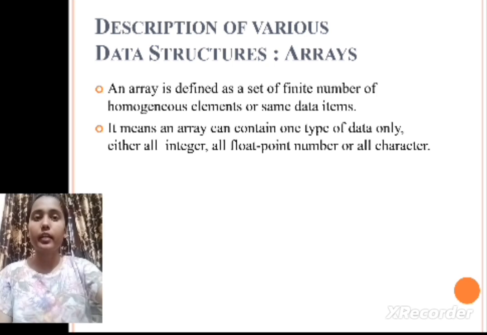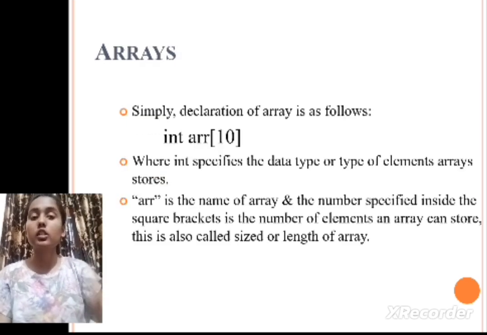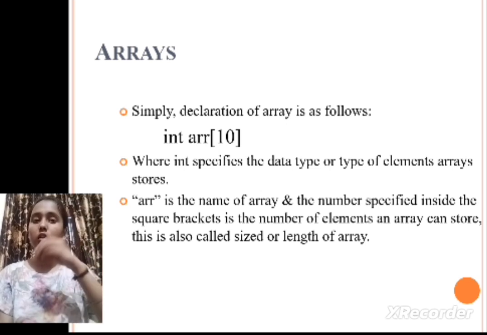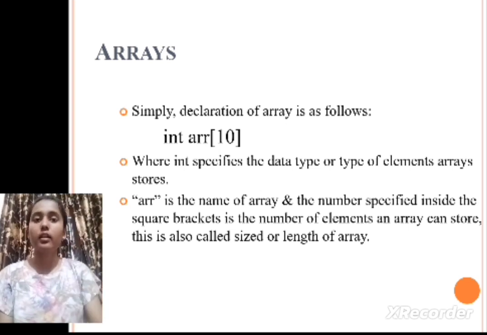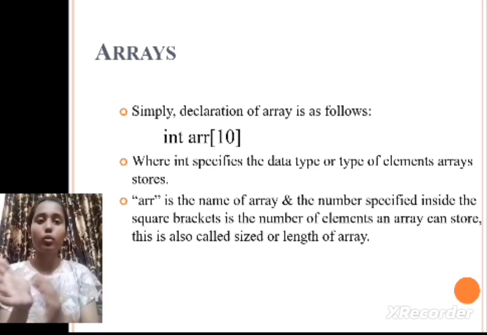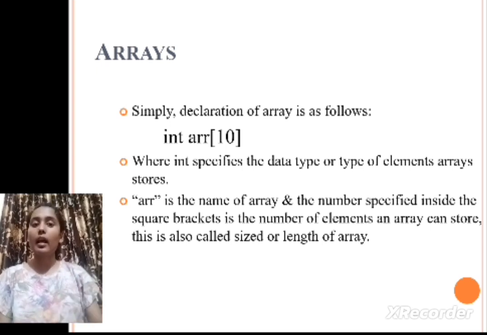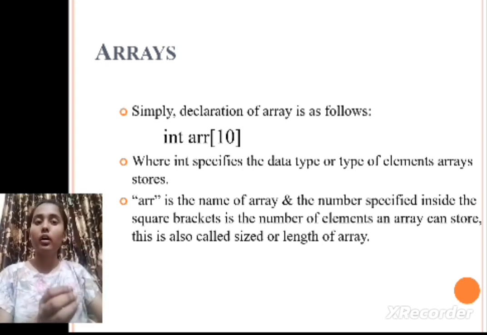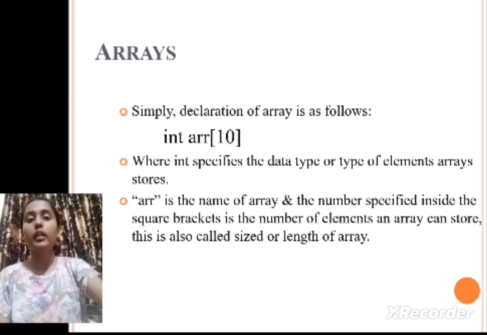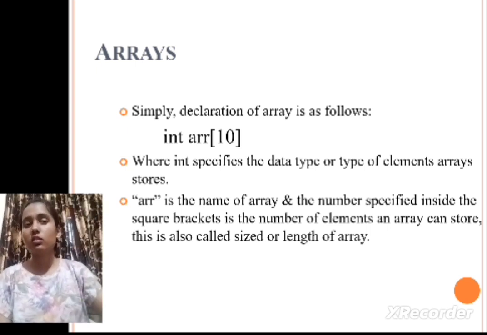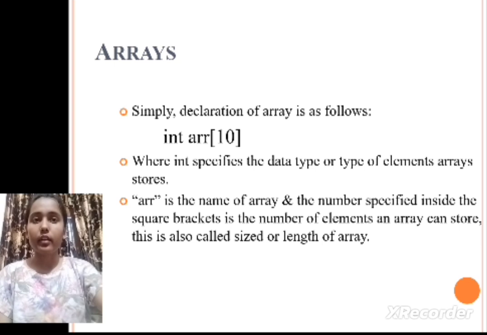If we talk about how arrays are initialized, first there will be the data type of the array you want to make, like float, int, or char, then the name of the array, and then in square brackets the size of the array.